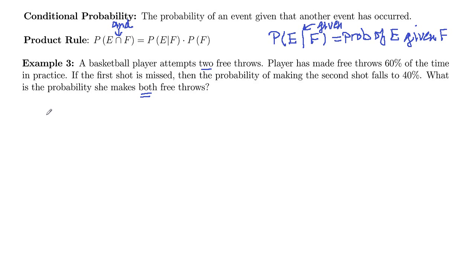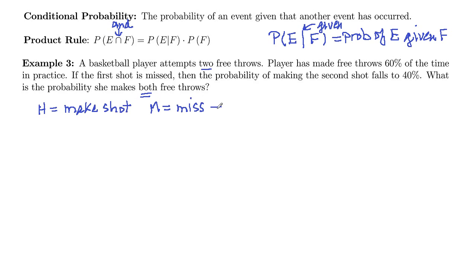So you can either make the shot or you can miss the shot. Let's label our events here. Let's label H for you hit or make the shot. You either hit or you miss. So H is that you make the shot. And then M is going to be that you miss.